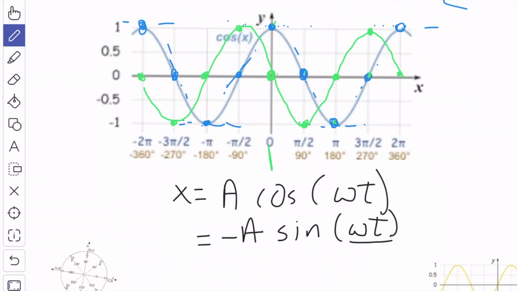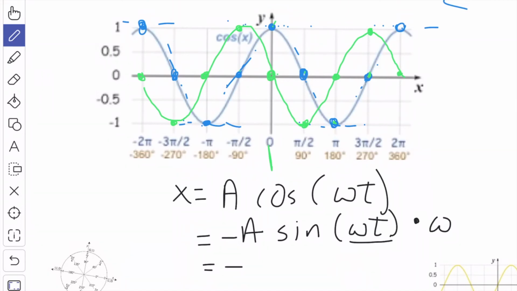But then, since that's not just a number, that is actually a function in and of itself, we have to derive the function. So to derive that, we go times the derivative of omega t. Again, t would be a variable and omega a coefficient, so t will be derived away, leaving you with just omega.